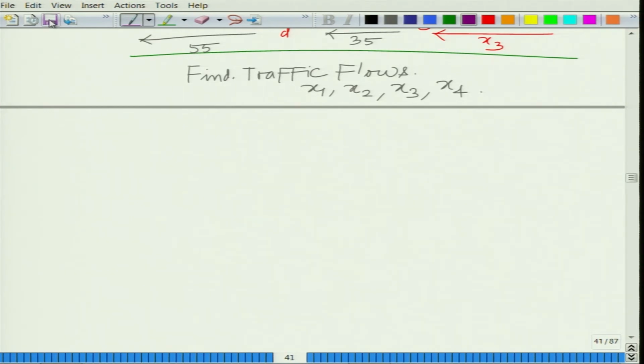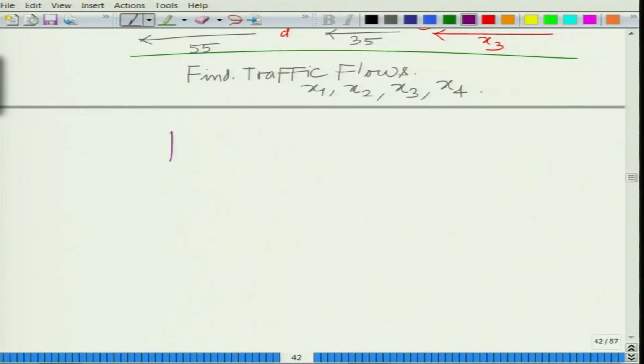Kirchhoff's current law, same principle, that is the traffic entering any intersection has to be equal to the traffic leaving that intersection, otherwise there is going to be a progressive build up of traffic in that intersection, which is unsustainable, right. So, that is the principle. So, this can be solved using the principle. So, what is the principle? Simple principle to analyze the traffic flow.